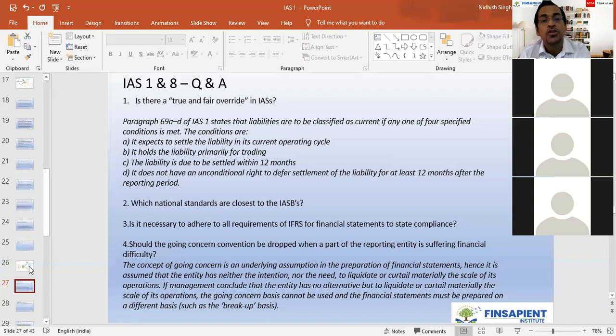The answer is judgment, materiality, your experience, and what you think will be a true and fair view. No other rule of thumb. If that operation or financial difficulty can impact the overall organization or cash flow, or can impact the entire market, something very critical, then prepare the financial statements on a breakup basis.